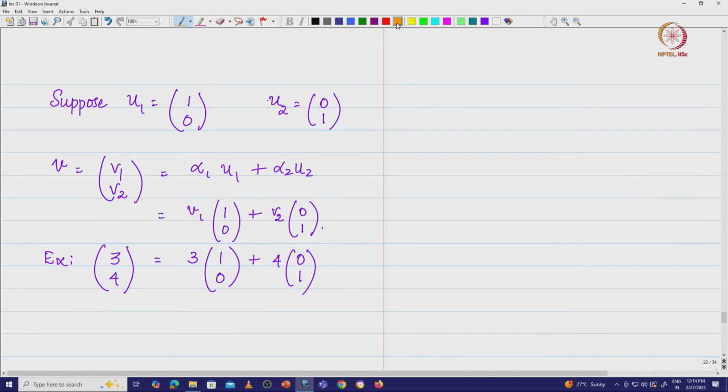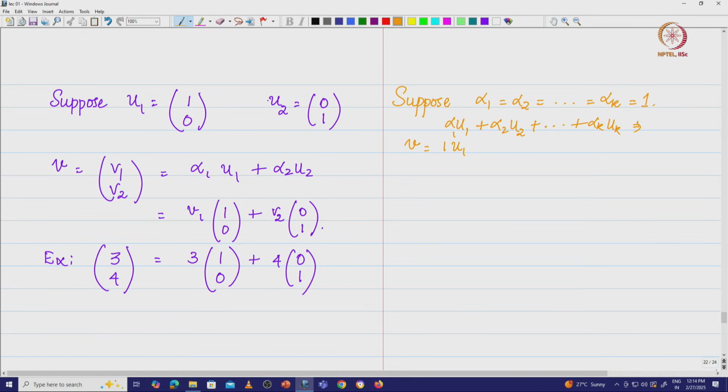Suppose alpha 1 is equal to alpha 2 is equal to etcetera is equal to alpha k, all equal to 1. All the coefficients are 1, in which case I am going to have the vector V, which is alpha 1 u 1 plus alpha 2 u 2 plus etcetera plus alpha k u k.